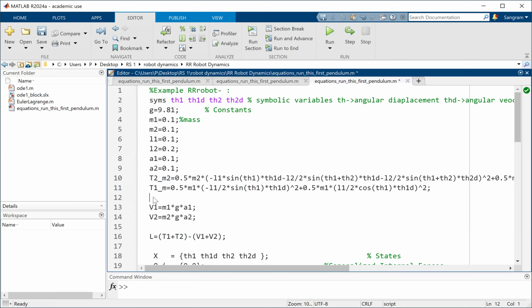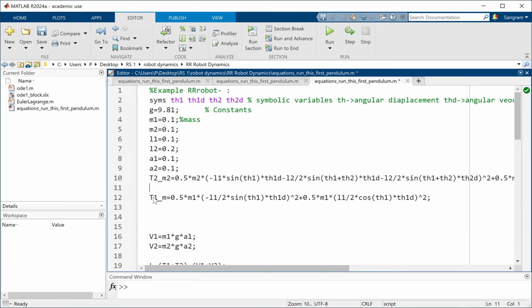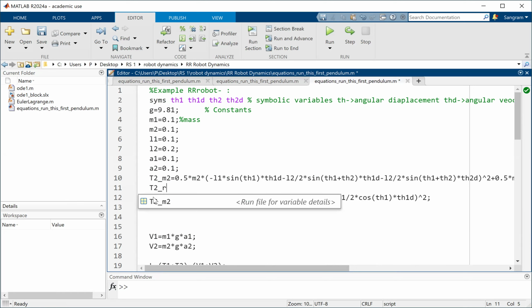Kinetic energy for rotation, so I'm going to call here T2 underscore R2, the kinetic energy of rotation for mass 2.